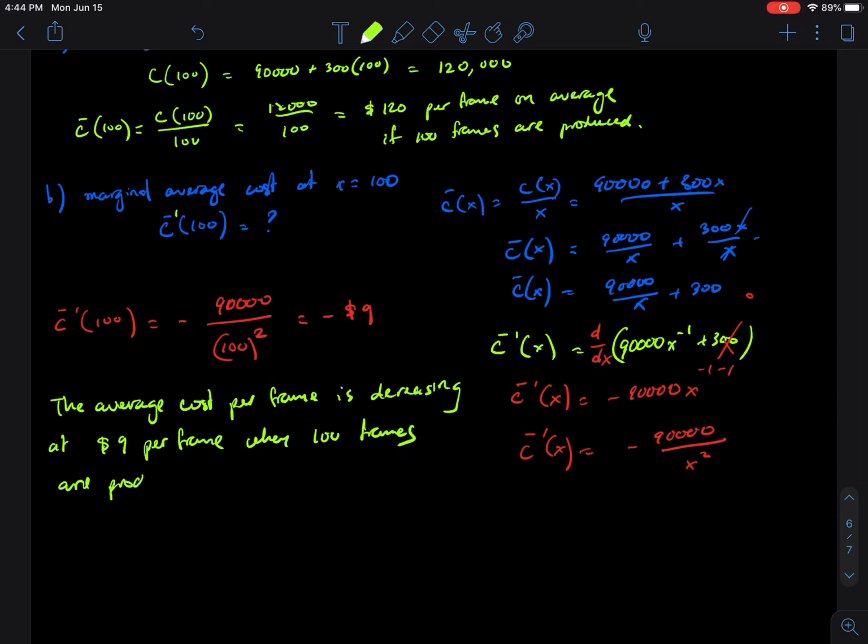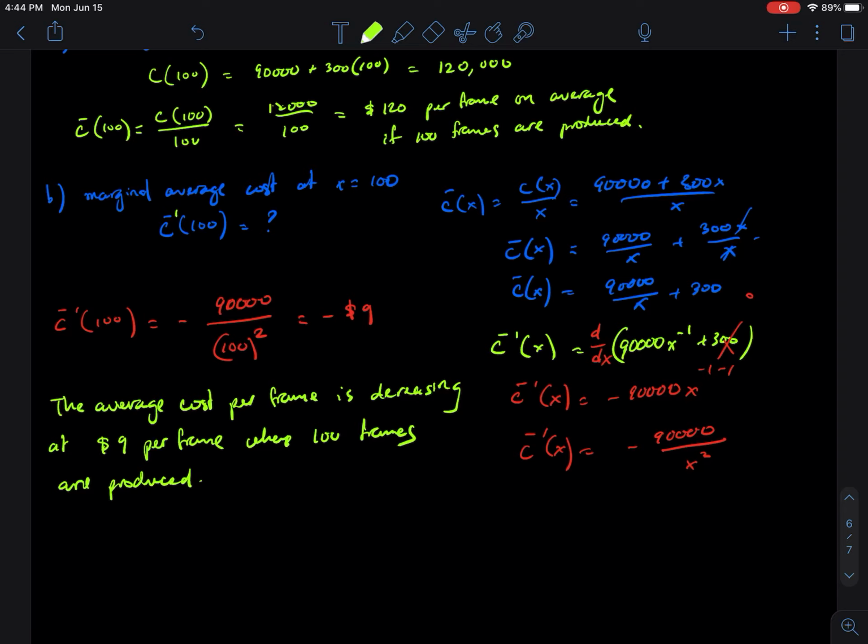Which makes sense, right? The more units are being produced, as far as bulk items go, the average cost per item will decrease over time, because if you produce a mass number of items at once, the fixed cost and the variable cost will be cheaper.